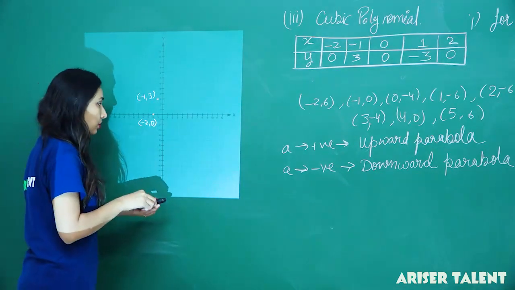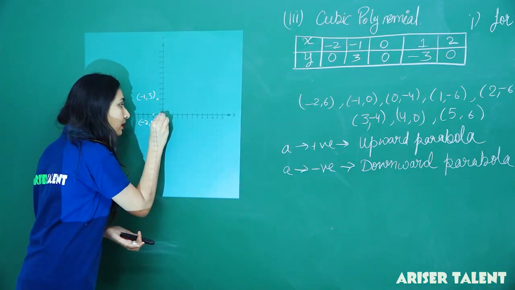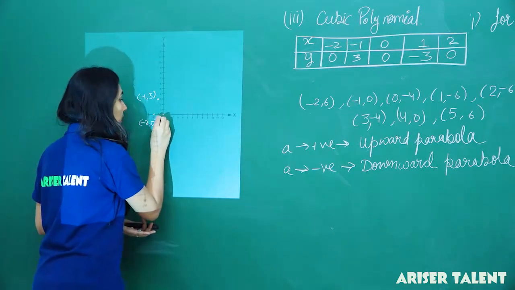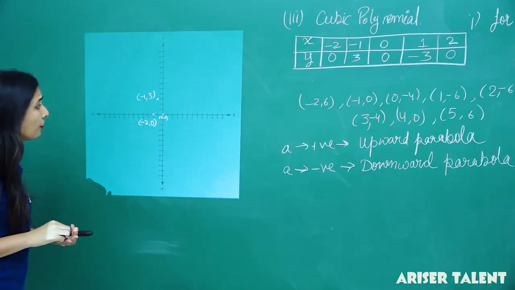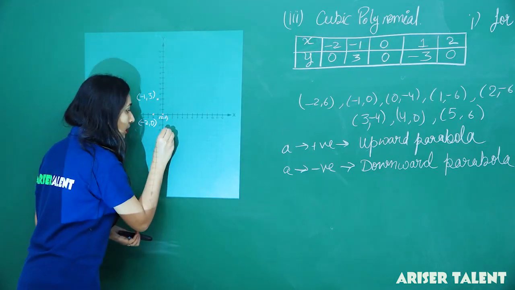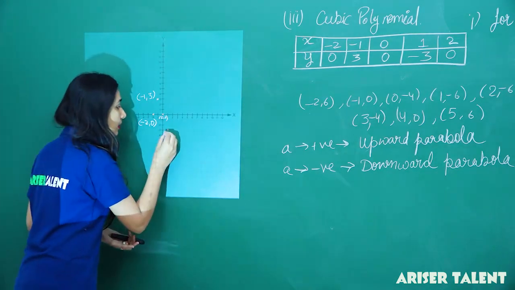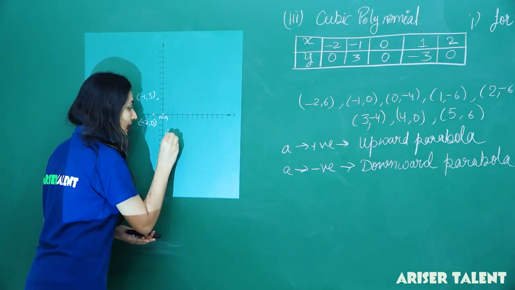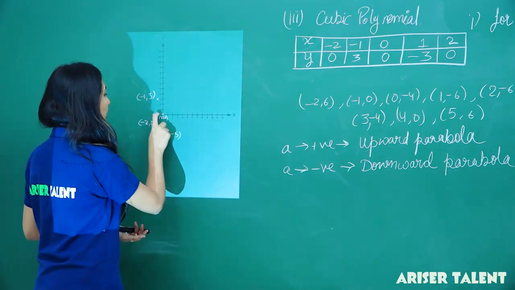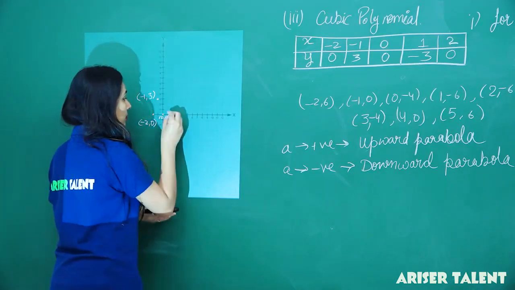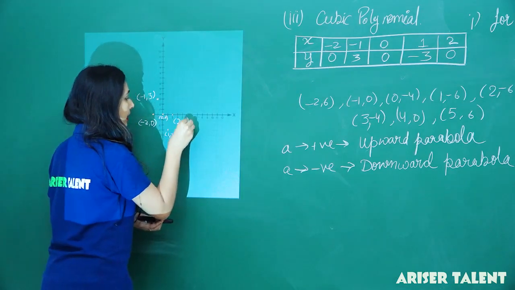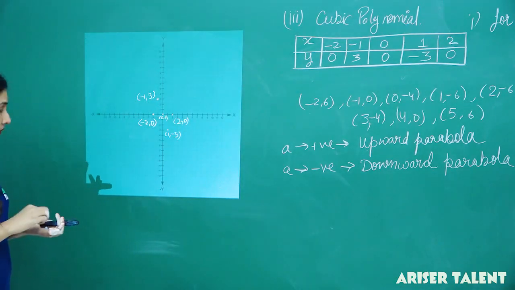Then 0, 0 will be here, the center. Now 1 and minus 3. 1 here, minus 3 here. So it will be 1 and minus 3. Now 2 and 0. 2 and 0 is here.